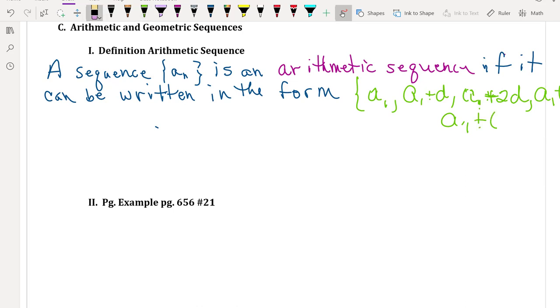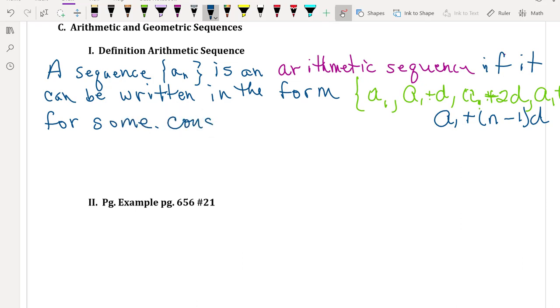I'm sorry, that's very messy. It's hard to read that. Let me do it in a different color. We're going to be adding d n minus 1 times, for some constant d.